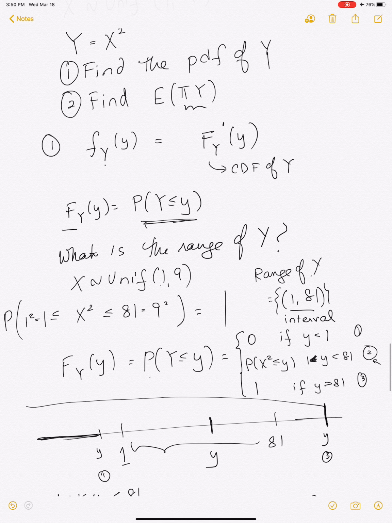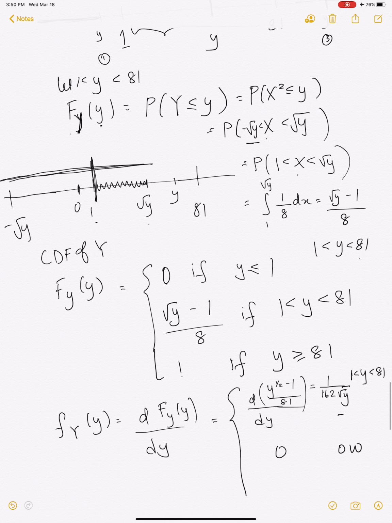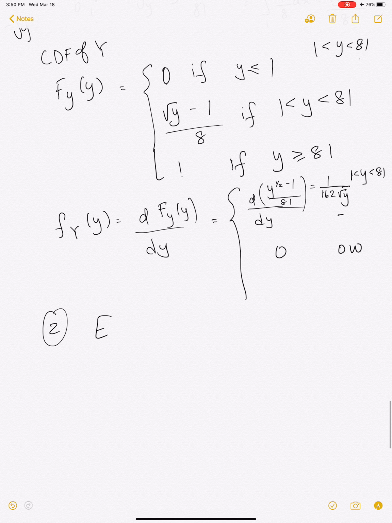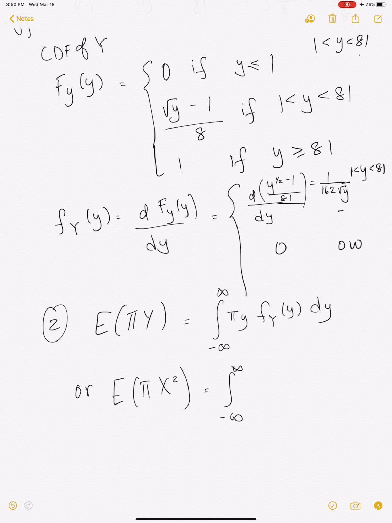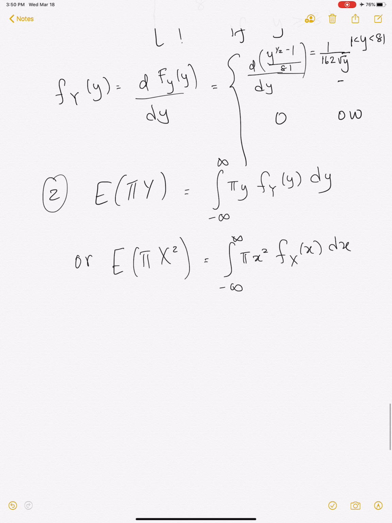And the other thing we're asked is what's the expectation of pi Y? Well, the expectation of pi Y, you could do it in two different ways. One way is to integrate from minus infinity to infinity pi little y times the density of Y. Or you could do it as the expectation of pi X squared, which is the integral from minus infinity to infinity of pi X squared times the density of X. Either way is fine.